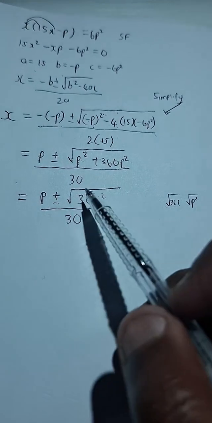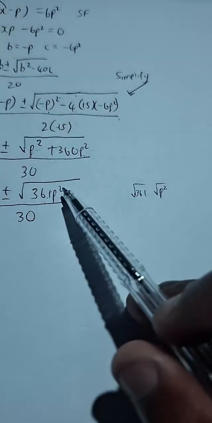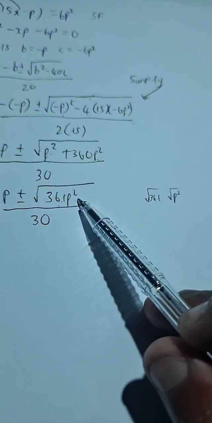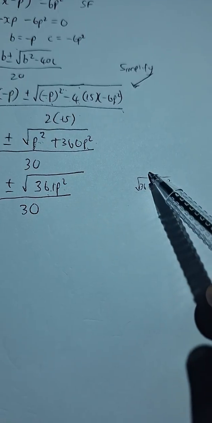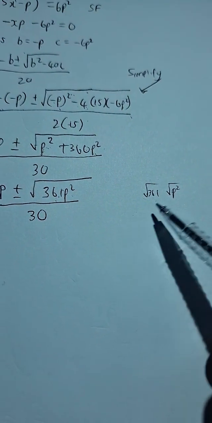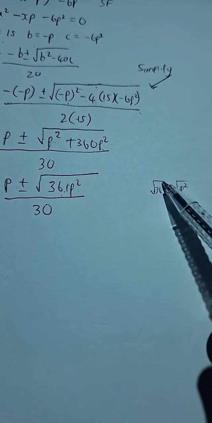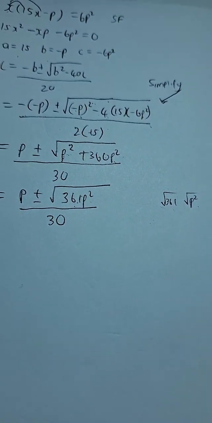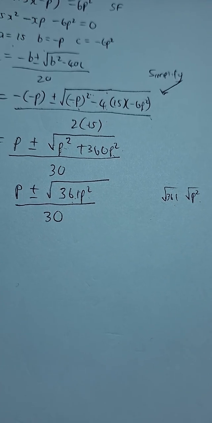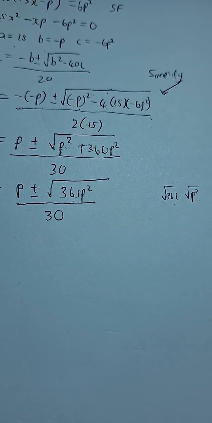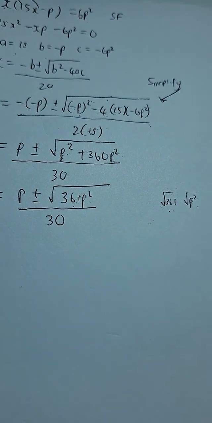If we get decimals, we can separate the square root, because 361 and p squared are multiplied, so we can take the square root of 361 alone. The square root of p squared is going to be p, but I just want to establish whether we get an integer by taking the square root of 361. If not, then I'll leave it.